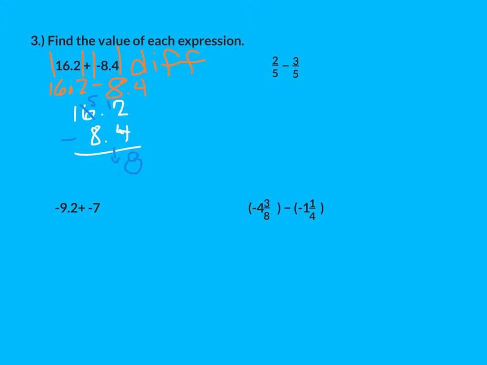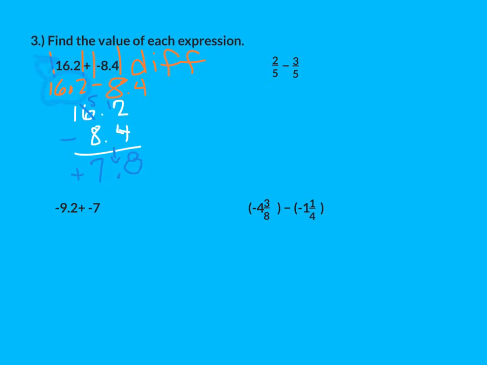Drop down that decimal. And then we've got 15 minus 8 is 7. Then I go back and look at the number with the largest absolute value. That, of course, would be 16.2. The sign of 16.2 is positive, so the answer is positive 7.8.